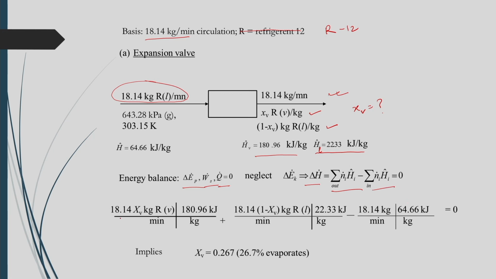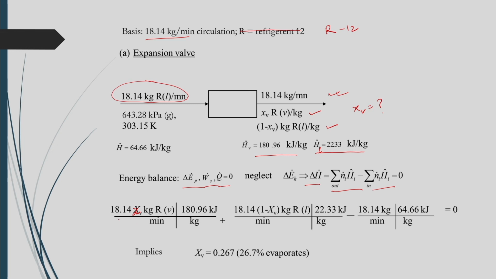Now, according to this, if we do the material balance of the inlet and outlet streams, we can say what components are at the outlet. It will be 18.14 into XV, this is the vapor of the refrigerant, into 180.96 kilojoule, since the specific enthalpy of that vapor is 180.96.